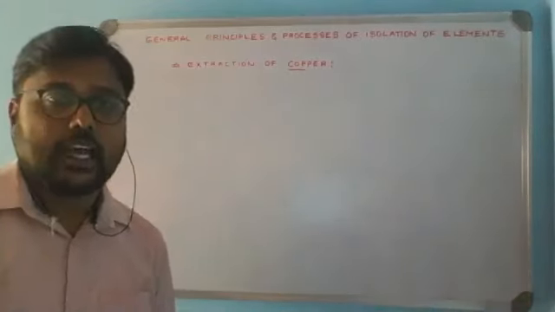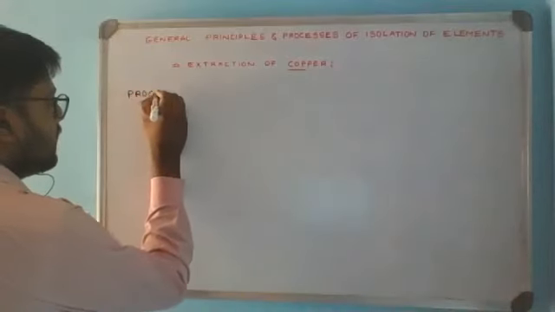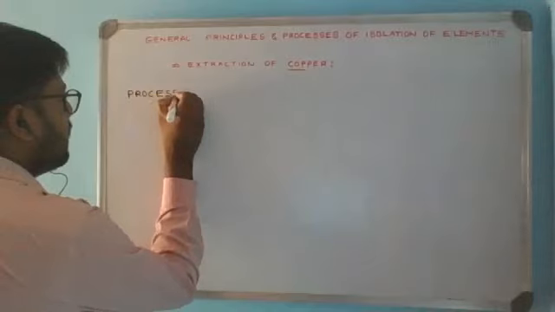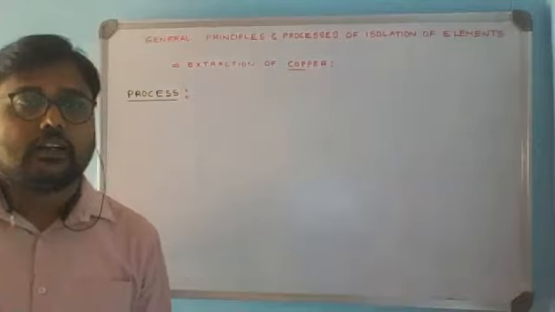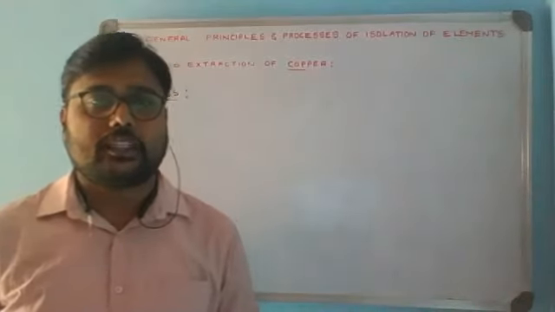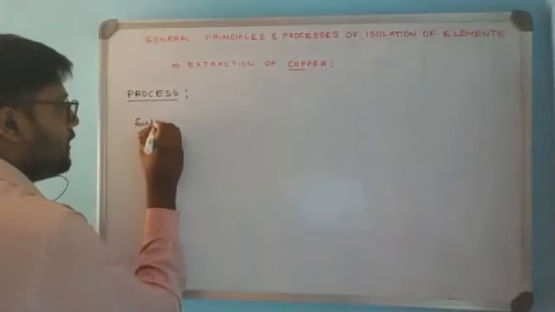Now we can observe the actual process of extraction of copper, which is a very important concept in the unit, both for 1 mark as well as 3 mark questions. Here the sulfide ore of copper, Cu2S, will be taken.